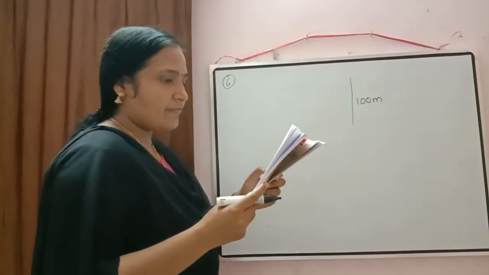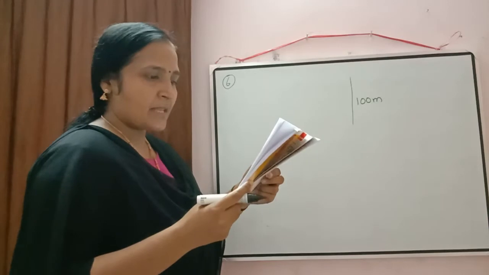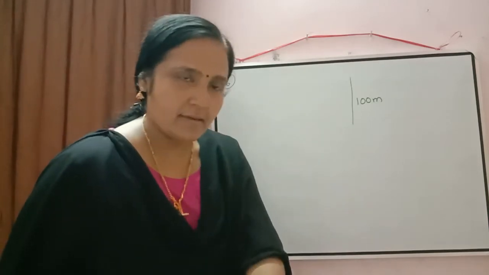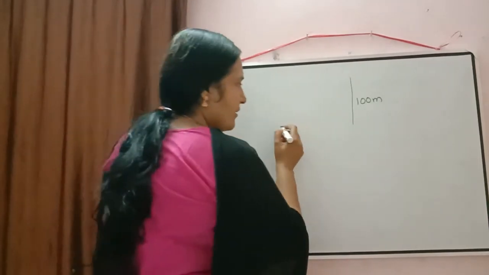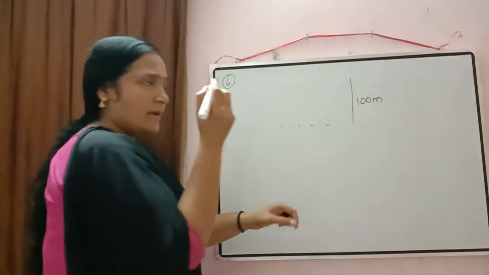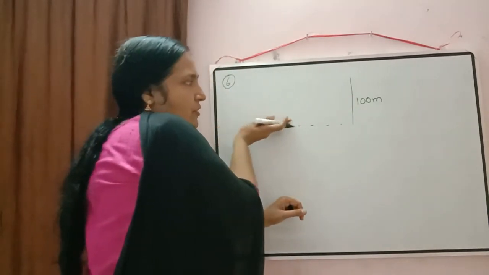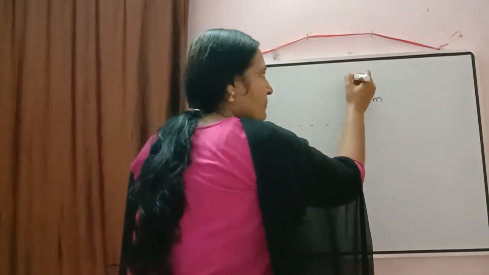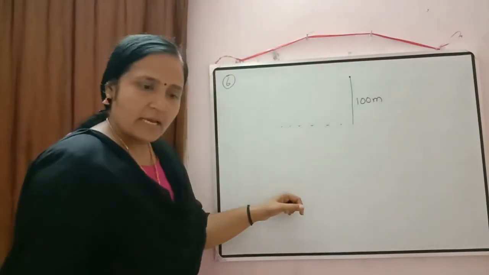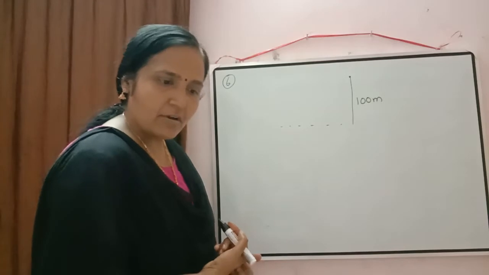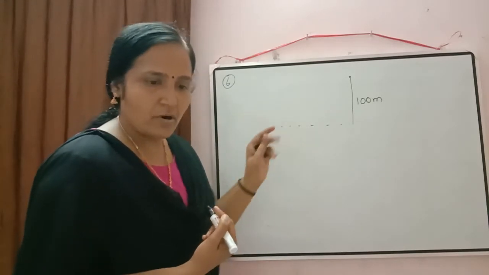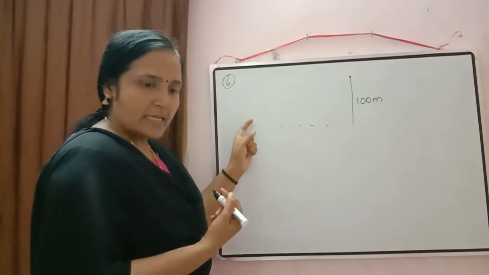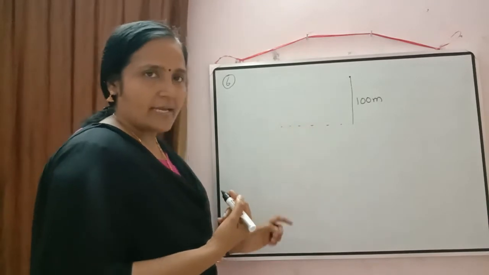The angle of depression of a ship sailing towards it. Okay, so suppose here we have a ship which is coming towards the lighthouse and we are at the top of the lighthouse. The angle of depression of a ship sailing towards it changes from 30 degree to 45 degree.